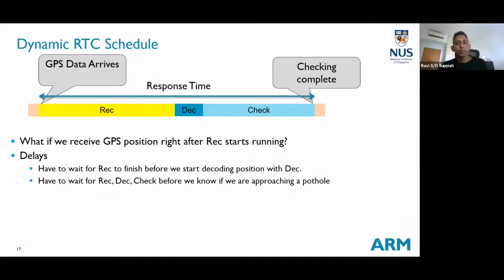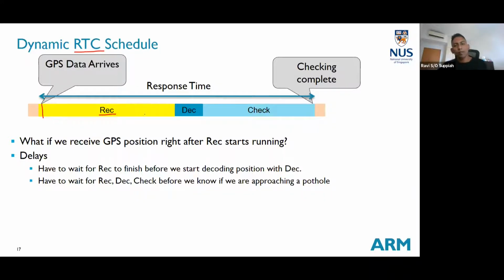So let's look at this over here. If I look at the dynamic run to completion, this RTC is the run to completion. If I use the run to completion dynamic scheduling approach over here, and my GPS data arrives here, that means right after the record function has started, since I say run to completion, I will complete my record function.